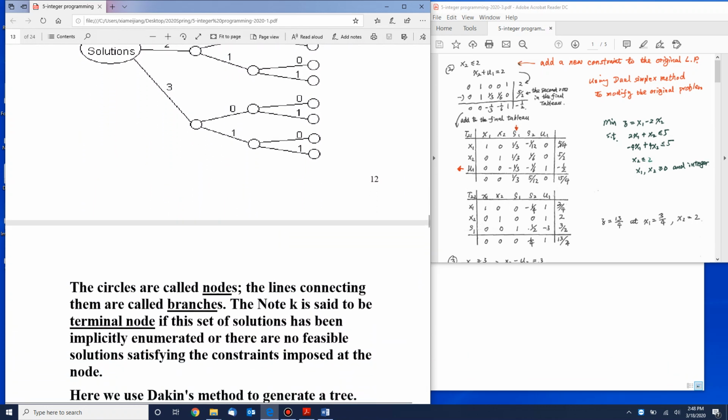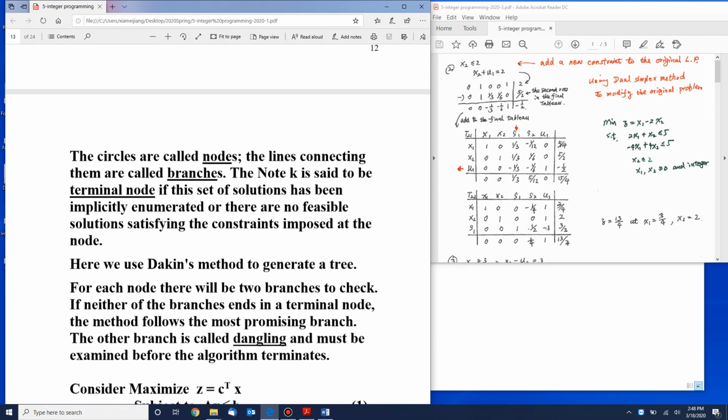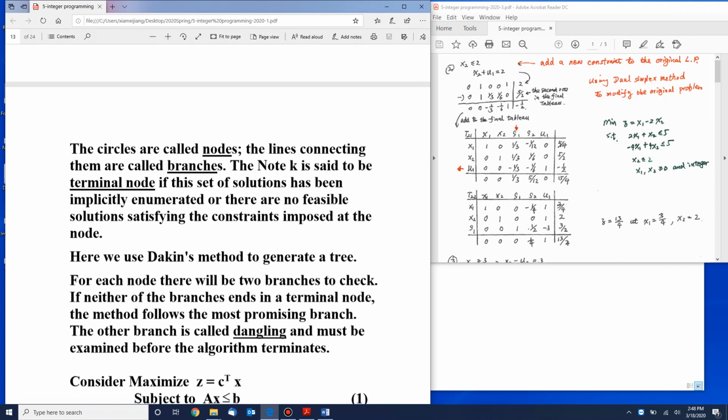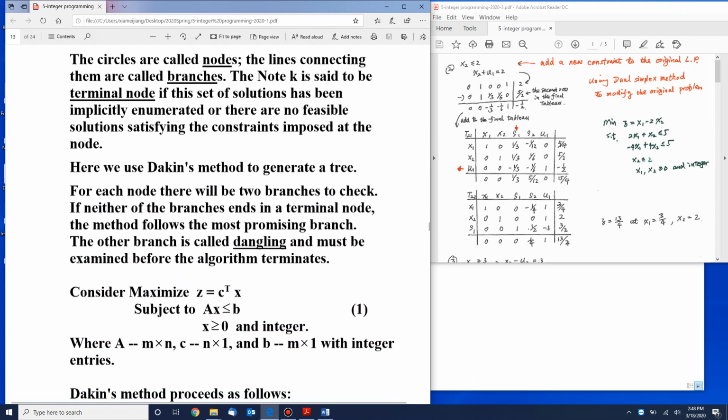And basically what we are going to talk about is called the Dakin method, and we use only two branches to check. For each node there will be two branches to check.